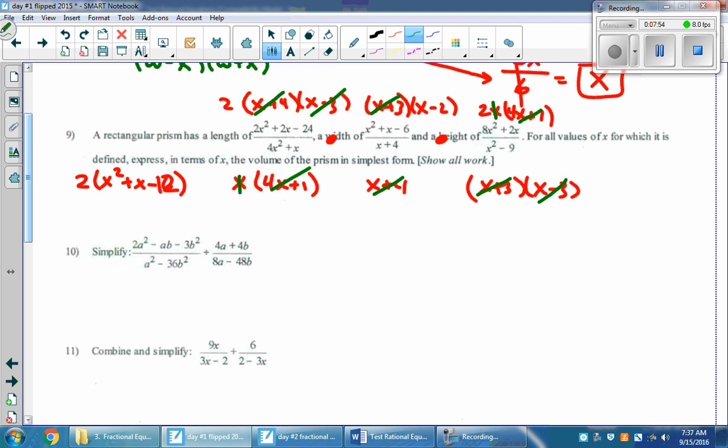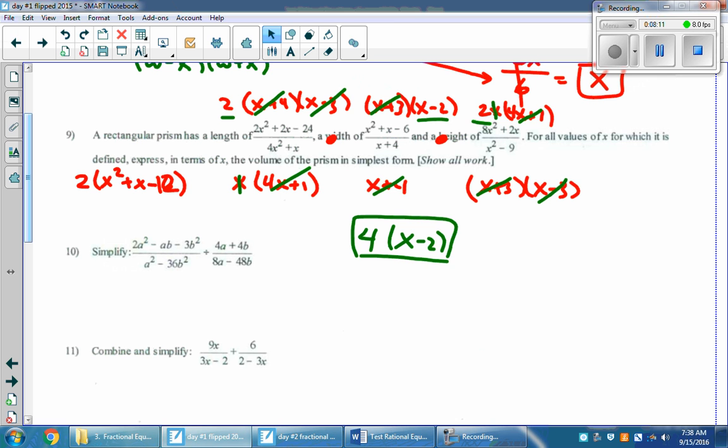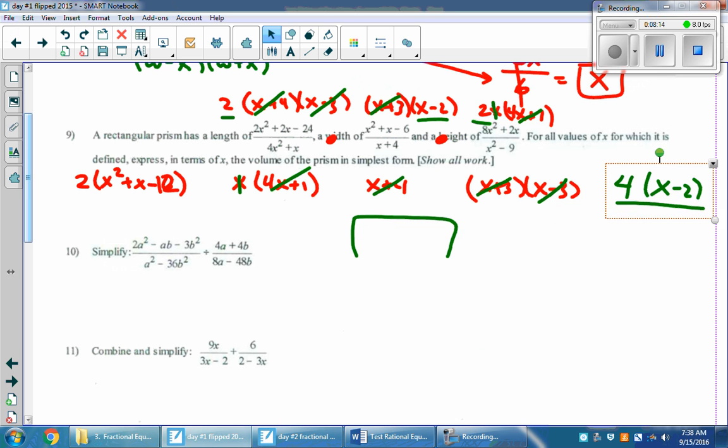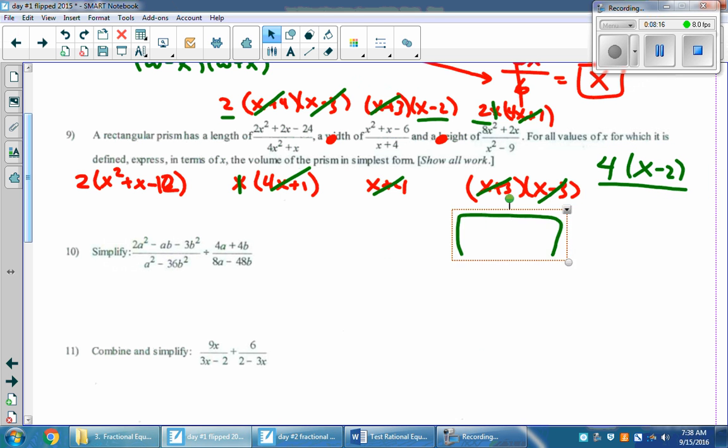So these two, this 2 and that 2, so I get 4 with this, x minus 2 over 1. Nothing. Look at that. That's my answer. That's the volume of the prism. Right? Factor tops, factor bottoms, cancel what's the same. I'm just going to move this over here so I have plenty of room for that next one.